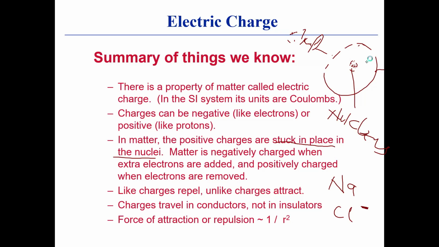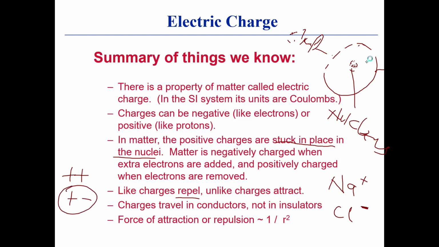And when an electron is removed, like in the case of sodium, then it is positive. When you have like charges, for example positive and positive, they repel. And when you have unlike charges, like positive and negative, they attract.